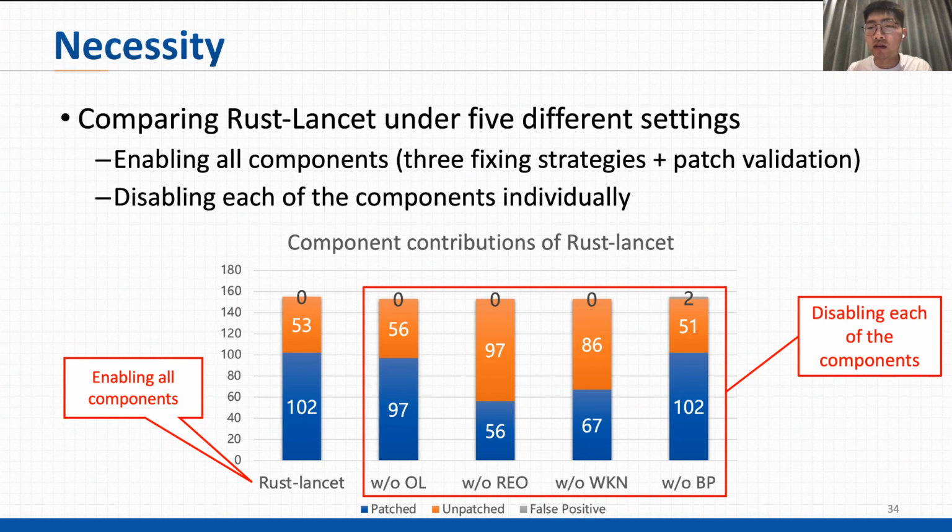In terms of overall effectiveness, reorder stands out as the most impactful fixing strategy. Its absence results in a significant reduction in fixing capability. When behavior preservation validation is disabled, Rust-lancet still fixes the same number of errors but introduces 2 incorrect patches.